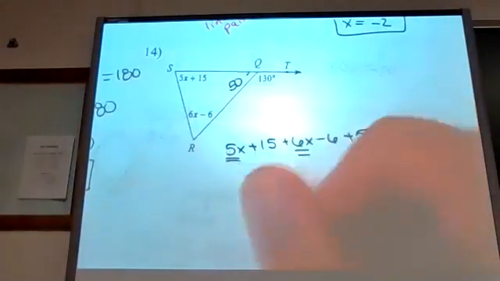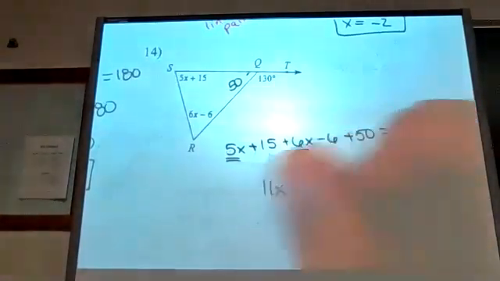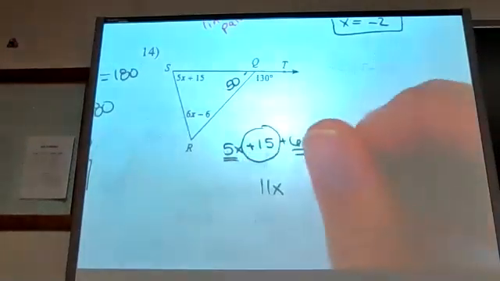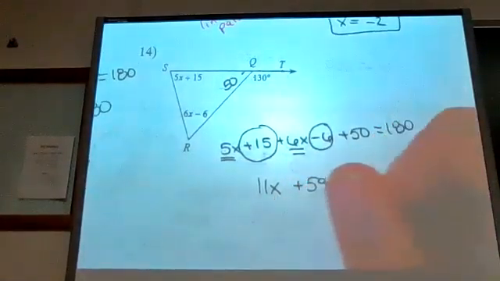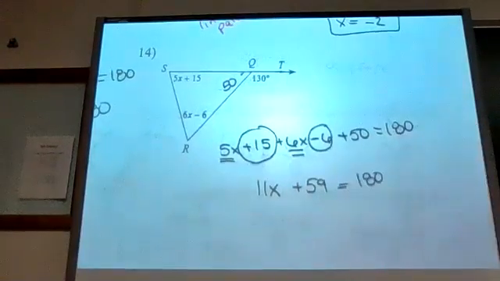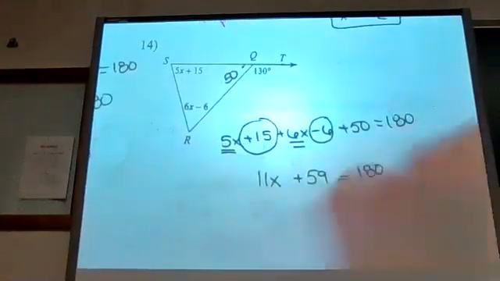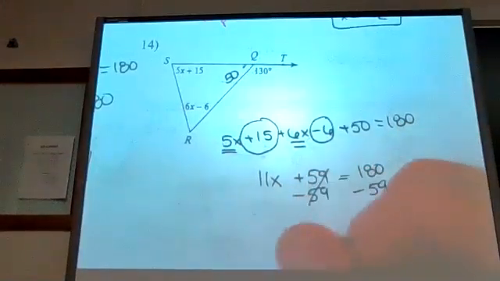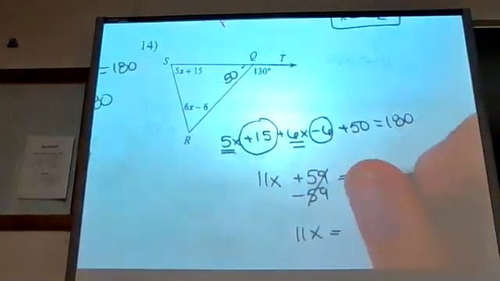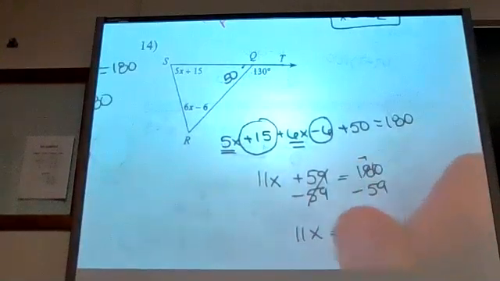Or 11 x's, let's see, 15 take away 6 is 9 plus 50 is 59, equals 180. Subtract 59. And 11x equals 121.